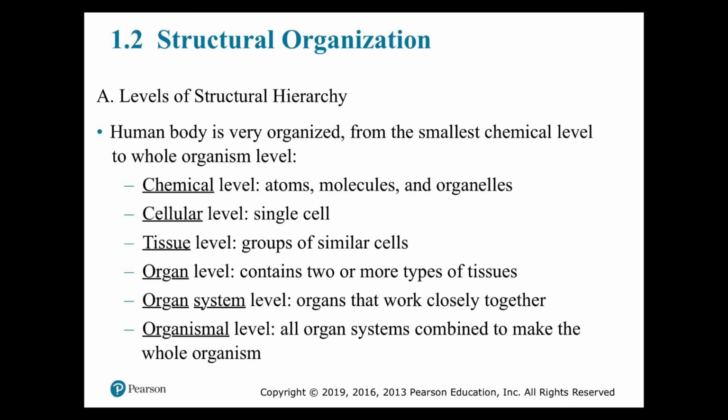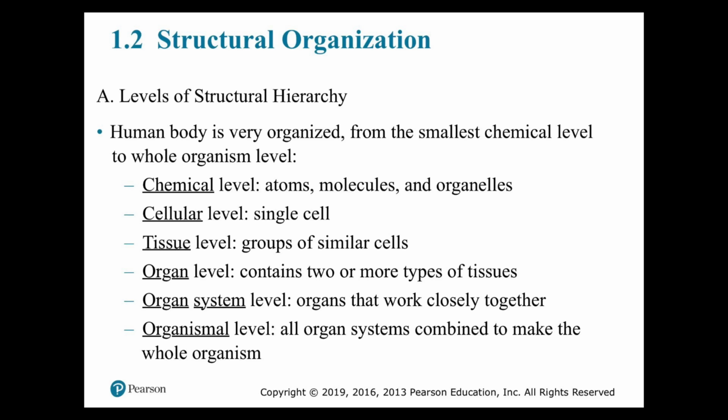One of the characteristics of living beings is structural organization. The human body is very organized, so let's look at its smallest component and how it's organized to form a whole organism. We start at the chemical level, which is made up of atoms, molecules, and organelles.